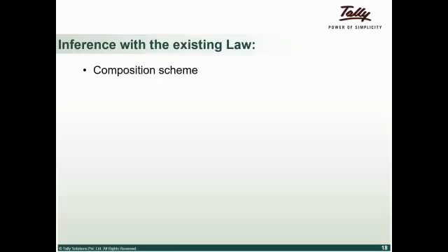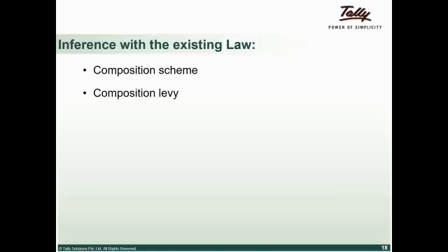Okay? So the composition scheme was there in the existing regime and will continue, as a composition scheme is made available under the GST law also, which we have seen and discussed. The next is the composition levy.